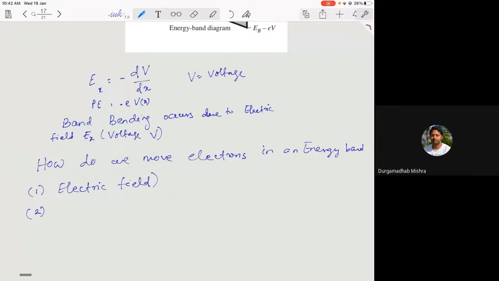How can we move an electron in a crystal or in a solid, basically in a band, from one energy state to another energy state? Yes, it's thermal: if you increase the temperature, the thermal activation, you can provide heat or temperature, and then you can also move the electron. Any other way?